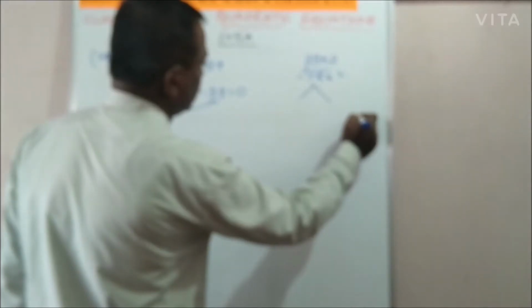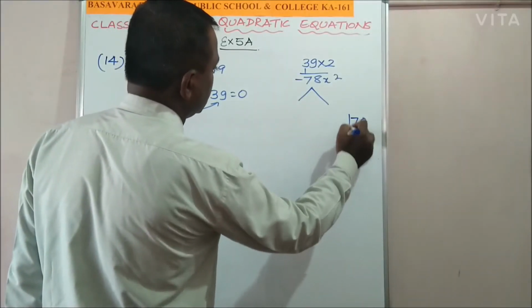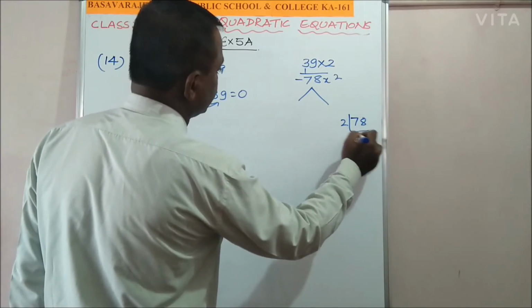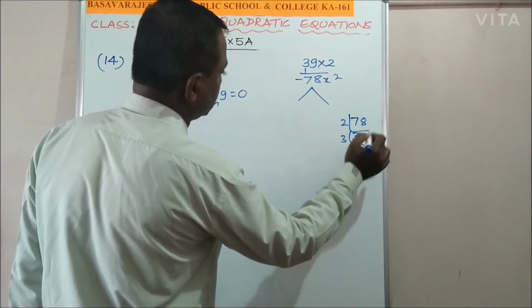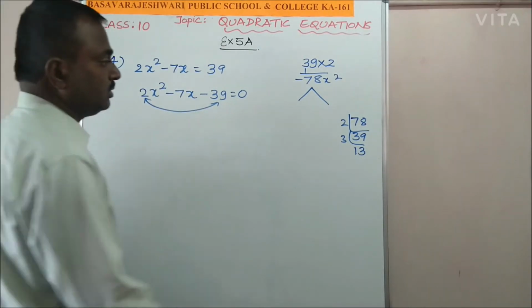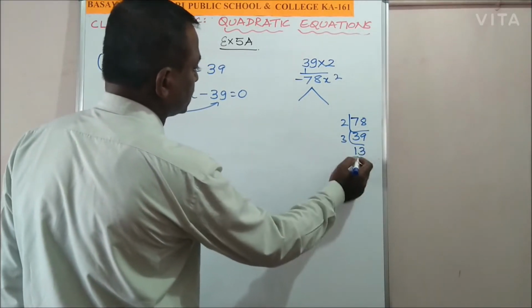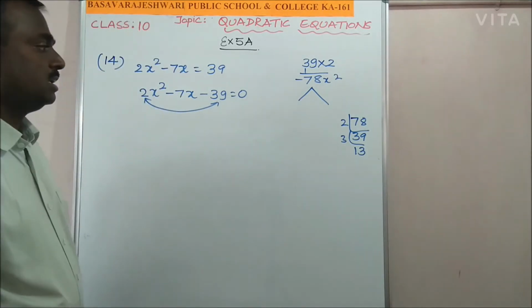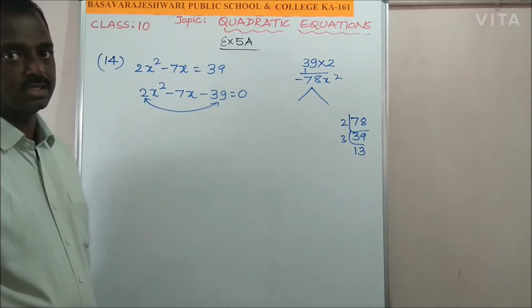So we will see 78: 2 thirty-nines, 3 twenty-sixes, 13 sixes. So 13 minus 6 is 7.